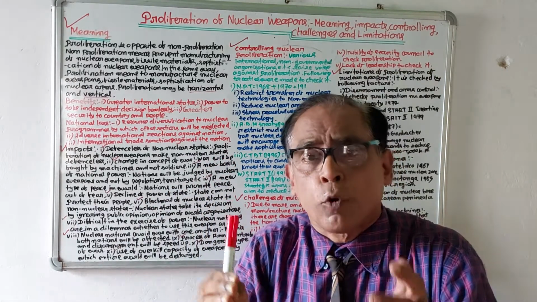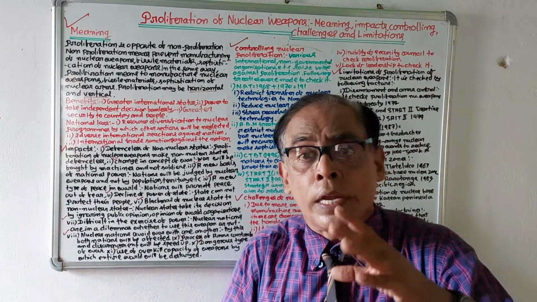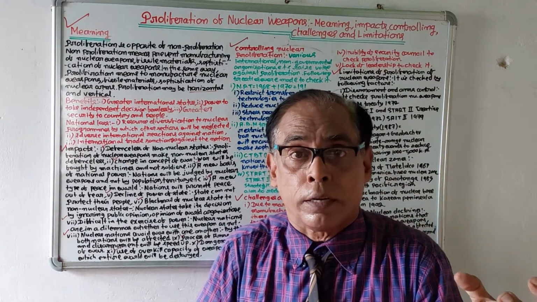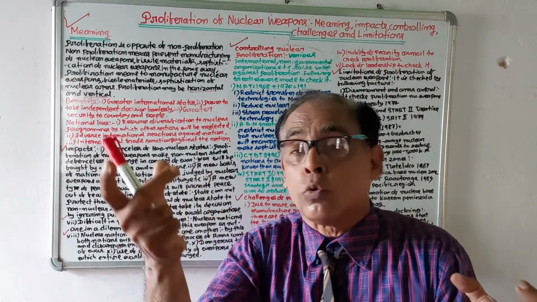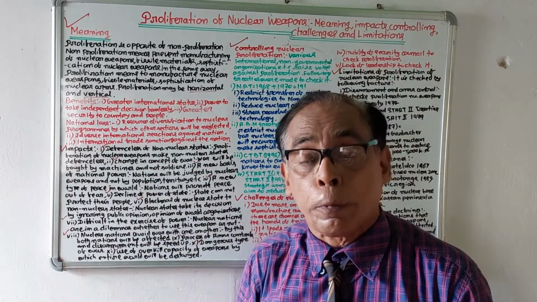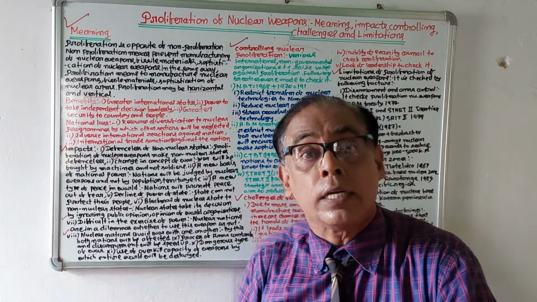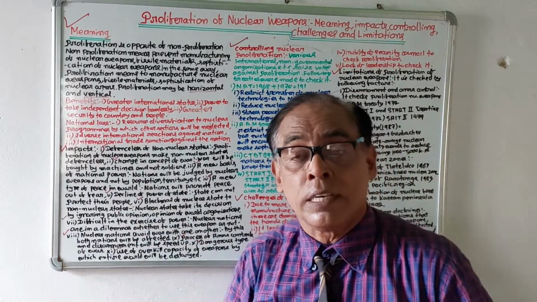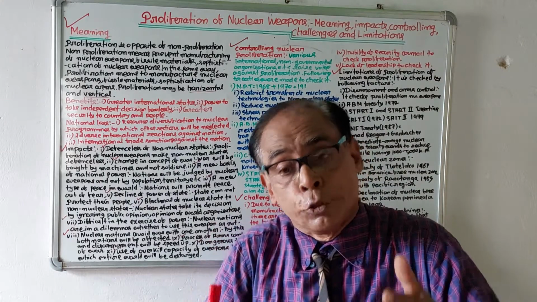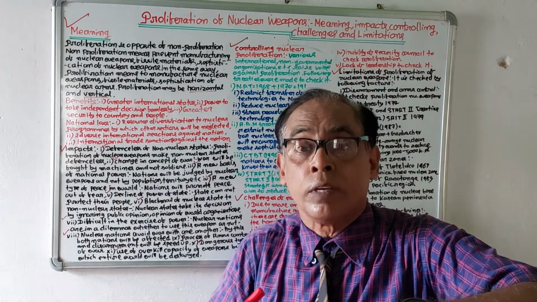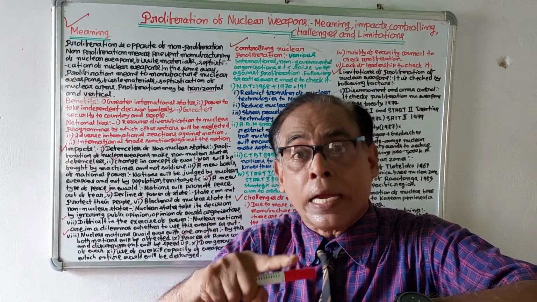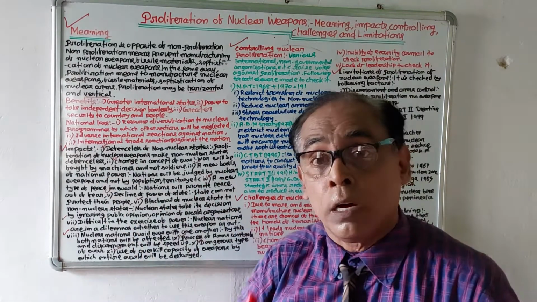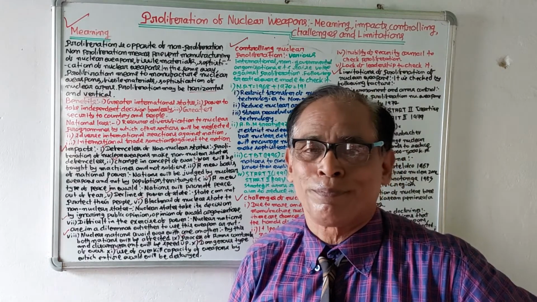So when a state having no nuclear weapon tries to acquire nuclear weapon, it is known as horizontal proliferation. And vertical proliferation means when a nation which already has nuclear weapon tries to make its nuclear weapon more powerful, it is known as vertical proliferation.